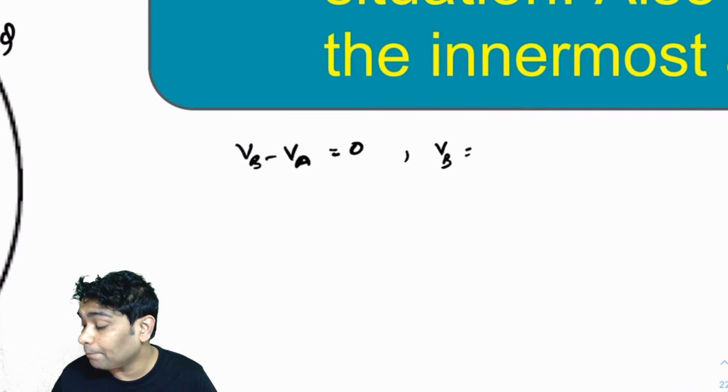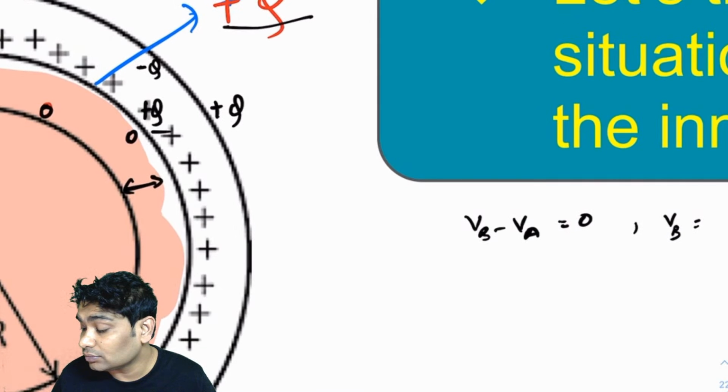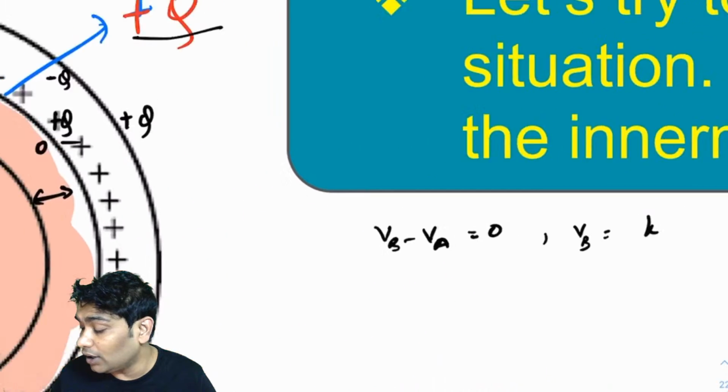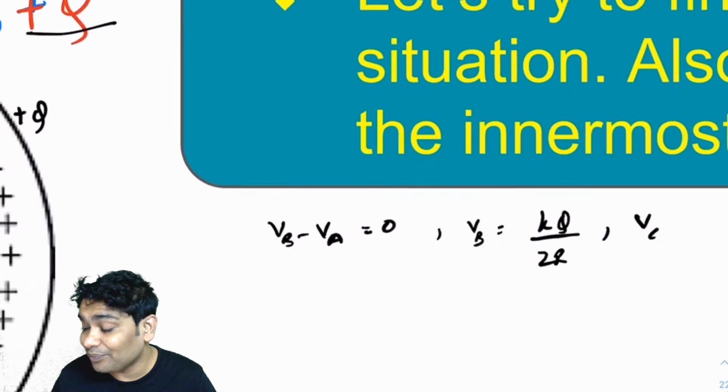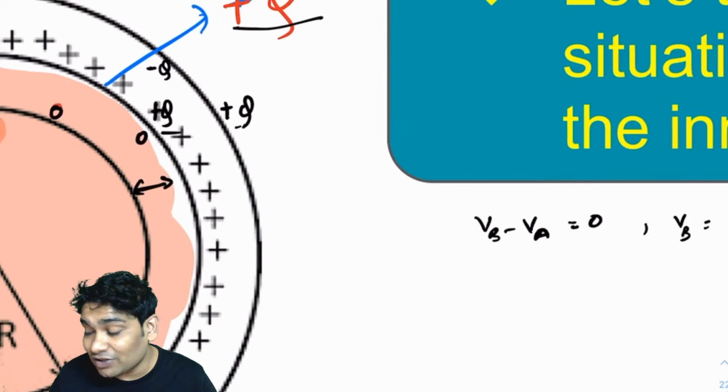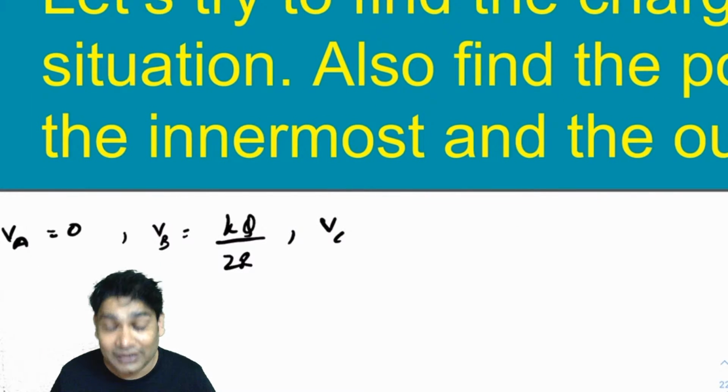Alright. So it will be KQ over 2R. Similarly, what is the potential at C? At C, the potential would be due to this only, because the inner ones will cancel their charges, their potentials.